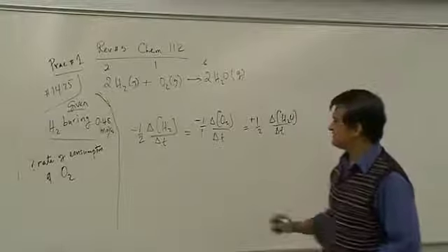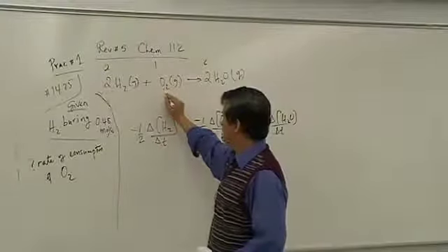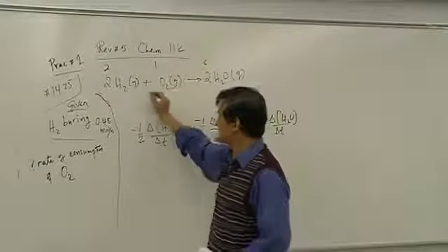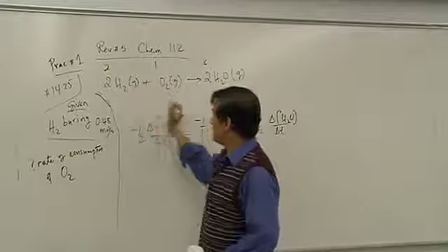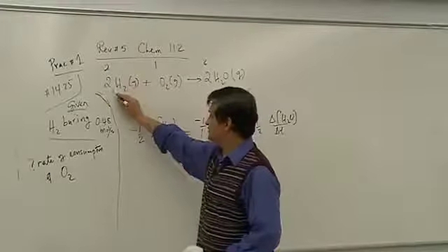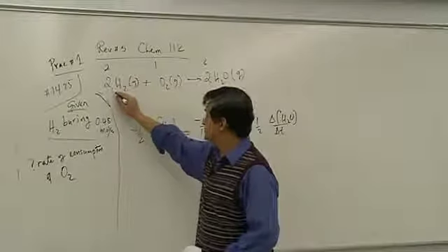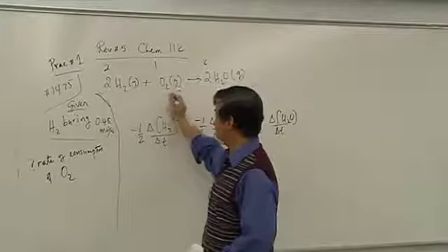Now why did we divide this by 2? Because if you think about the rate of oxygen disappearance, it is going to be half of that rate, because the reaction is already consuming 2 molecules of H2 each time one molecule of oxygen reacts.